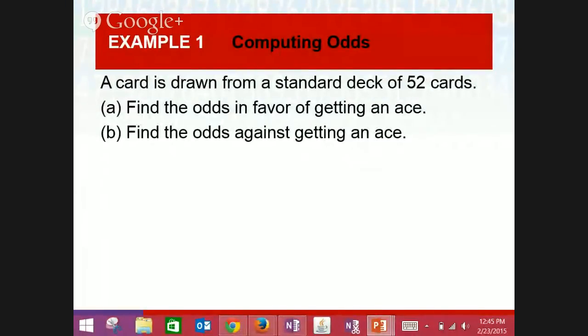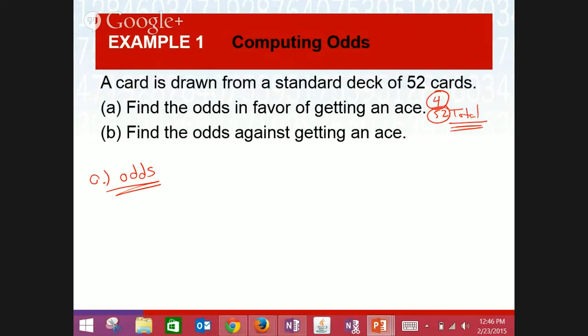So let's look at this example. A card is drawn from a standard deck of 52 cards. Find the odds in favor of getting an ace. What's the difference between odds and probability? So what would be the probability here? 4 out of 52, right? 52 is the total.